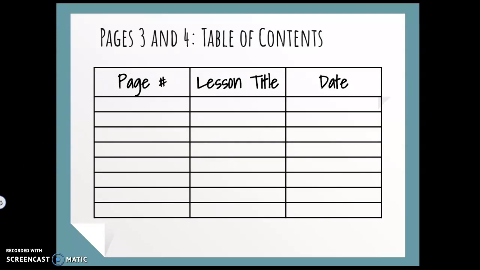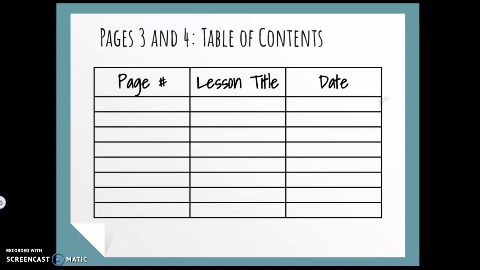Pages 3 and 4 are for your table of contents. Label page 3 with a 3 and page 4 with a 4. Both of these pages should look like what you see on your screen. The first column should be your page number. In the middle, the lesson title.